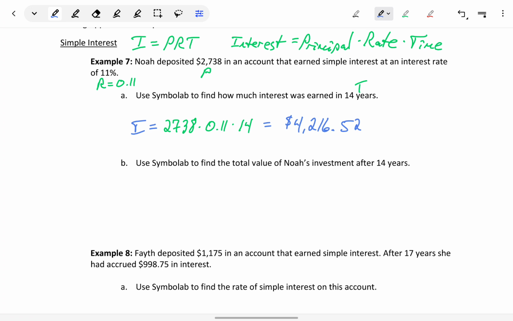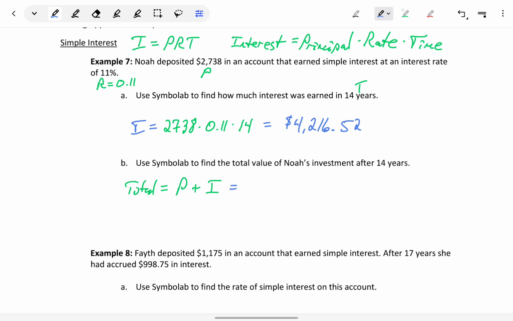But then in part B, we want to find the total value of Noah's investment after 14 years. The total is going to be equal to the principal, however much we originally invested, plus any interest that we accrued as a result of that investment.